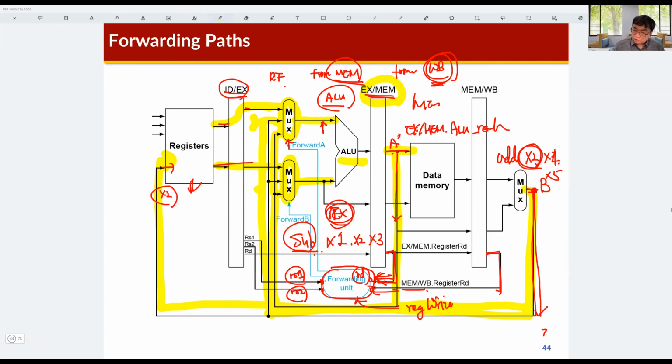Why? We need to check the RD of the former instruction and RS1 or RS2 of the following instruction to check the data forwarding. Based on the RS1 and RS2 numbers of the following instruction and the RD of the former instructions, the forwarding unit generates the forward A and forward B selection signals.